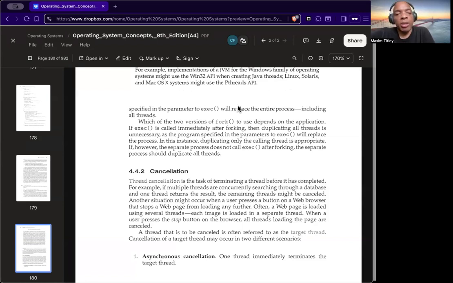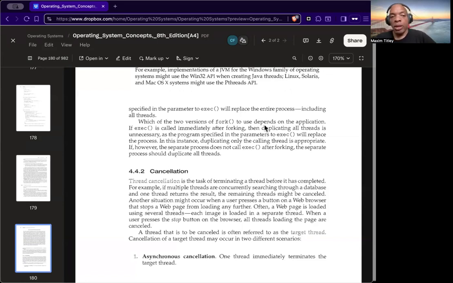Rather than creating more threads, it would just work as exec was supposed to work, running instead of the process or the thread that invoked it, right?